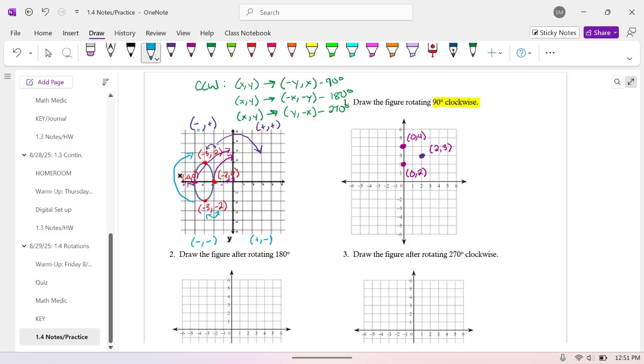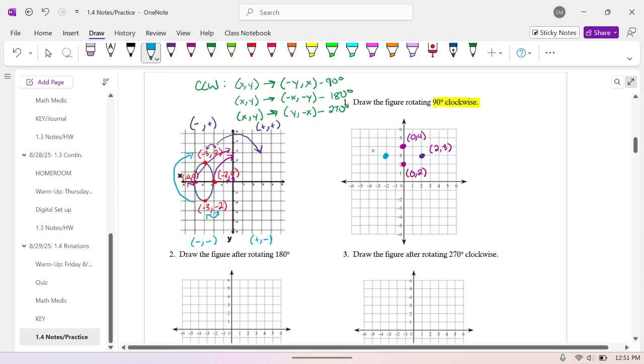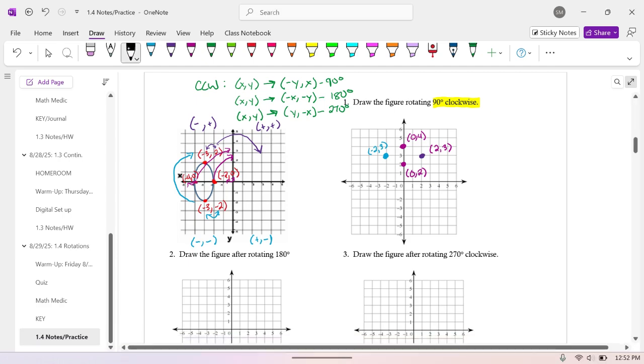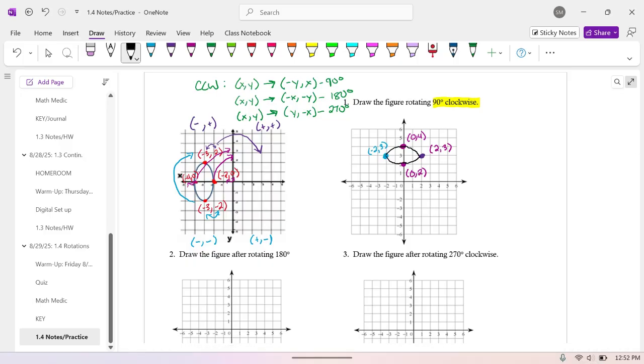And then in quadrant 2, the x value has to be negative. So this now becomes -2, +3. So it would be right here. This would be -2, +3. So our image will look something like this. So that one is going 90 degrees clockwise.